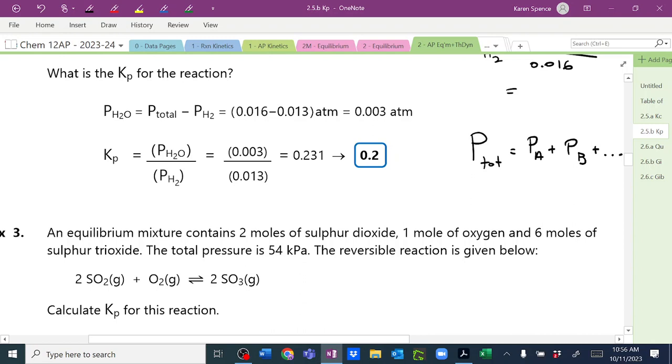Half of the reason for doing this is just to remind you about partial pressures and mole fractions, to be honest.